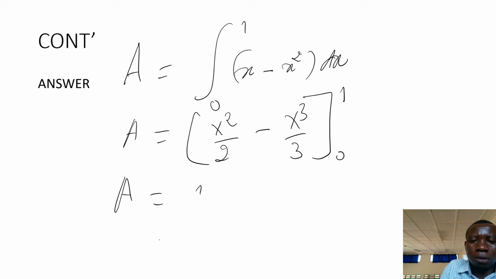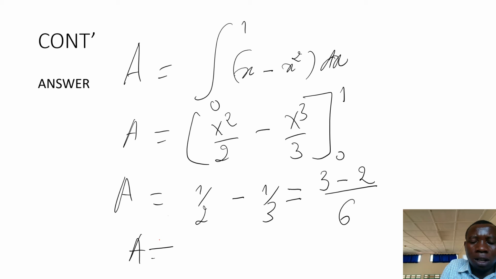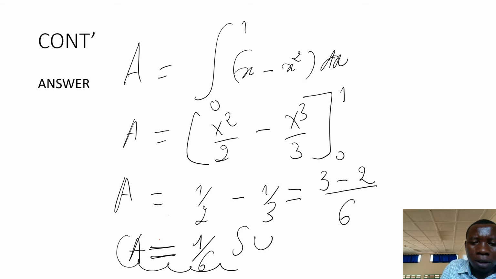Our area is equal to 1 over 2 minus 1 over 3. The LCM is 6, so this is 3 minus 2. So the area included between those two curves is equal to 1 over 6 square units. So this is the final answer for this second example.